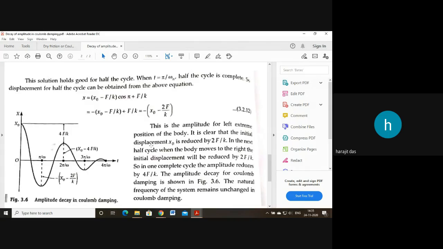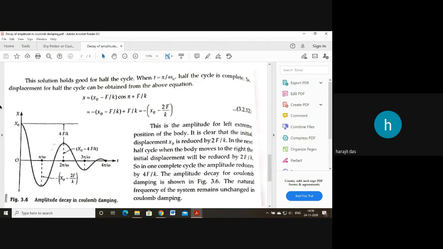Okay, so if a particle or a system comes to rest under damping, and if it comes to rest after 3 cycles, then what will be the decrement of amplitude, if you are asked? You need to say that it will be 3 into 4f upon k, because after 3 cycles it has zero velocity, or it is in a static equilibrium condition.